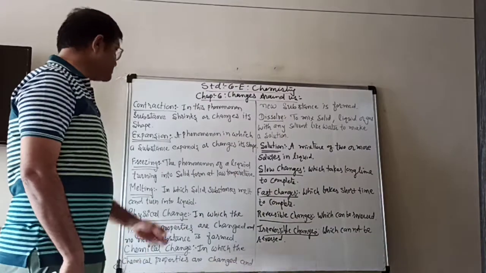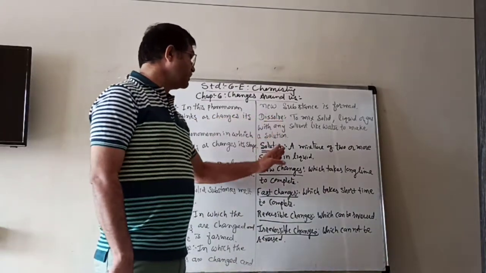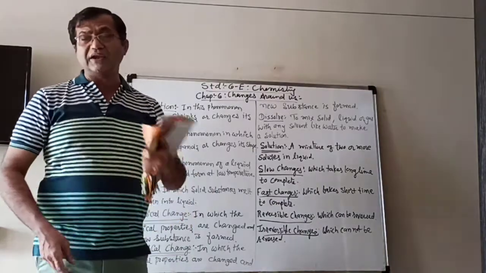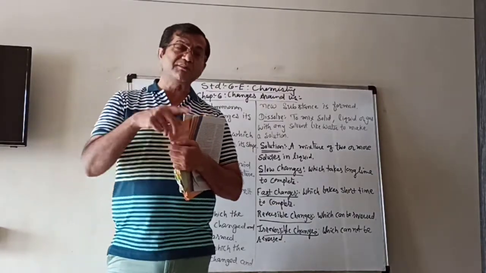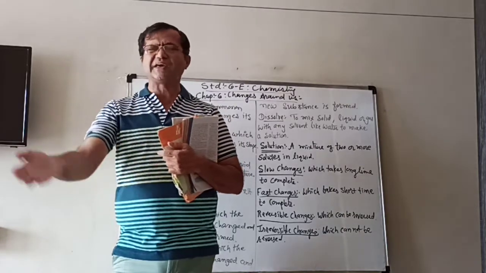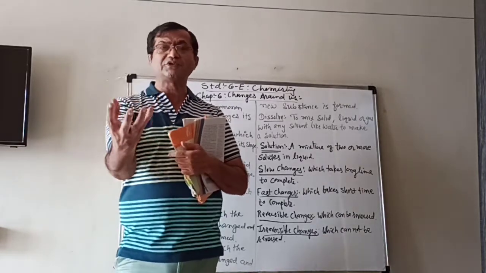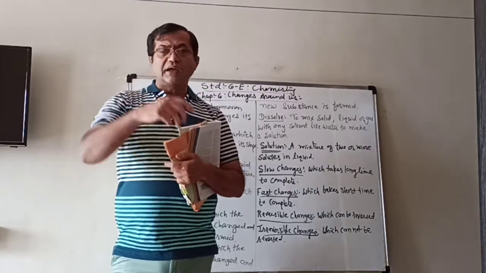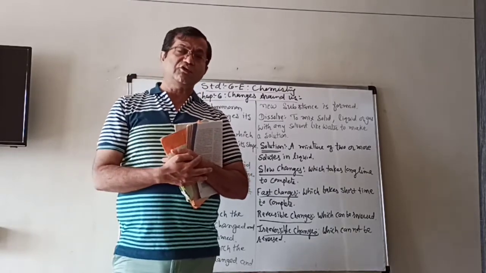Now the other things are dissolving and making solution. Dissolve means what? When two substances are mixed to make a solution. It can be solid, liquid, gas, anything. For example, if you take water and put sugar in it and stir it, then what will happen?